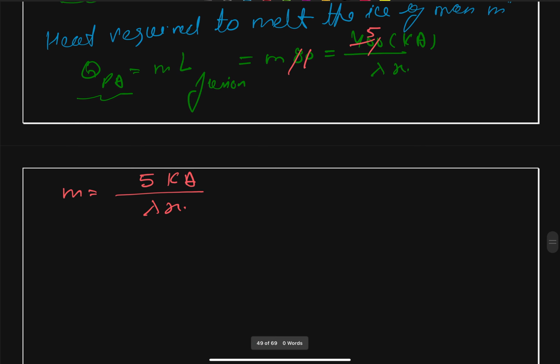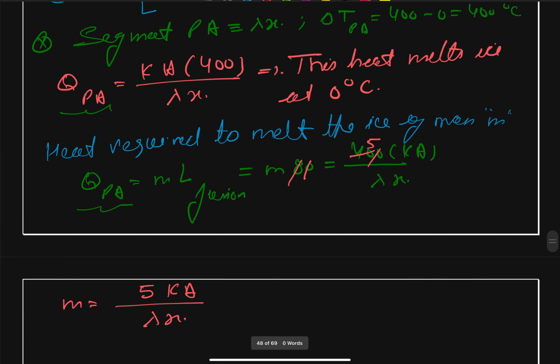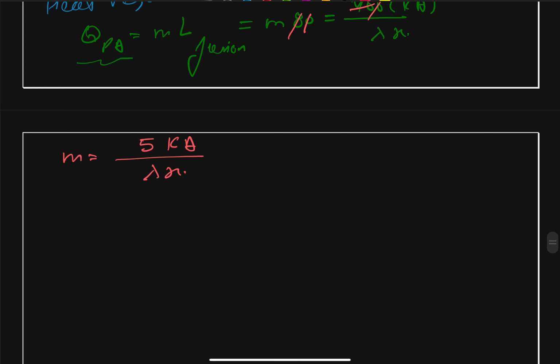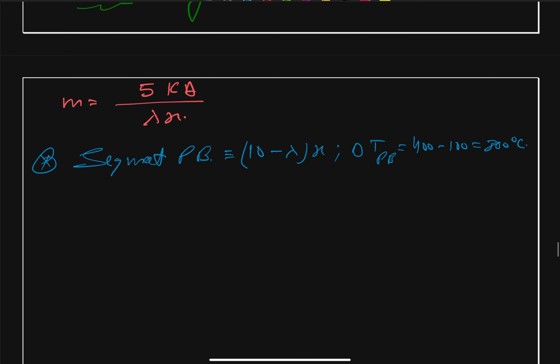Now we come to the other part, that is segment PB, which is of the length 10 minus lambda times x, and the temperature difference delta T PB will be equal to 400 minus 100, giving us 300 degree centigrade.